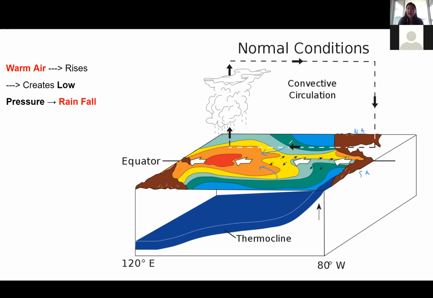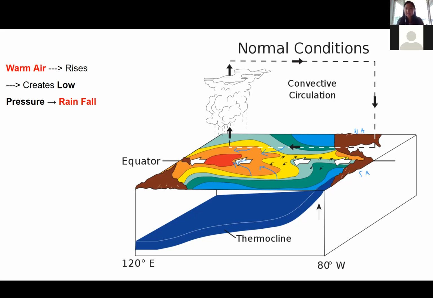So in a normal year, you have trade winds that blow and move the surface ocean water. Remember, the surface ocean water is a lot warmer because of the sun, and as these trade winds push it, they're pushing all of that warm water towards Asia and Australia.